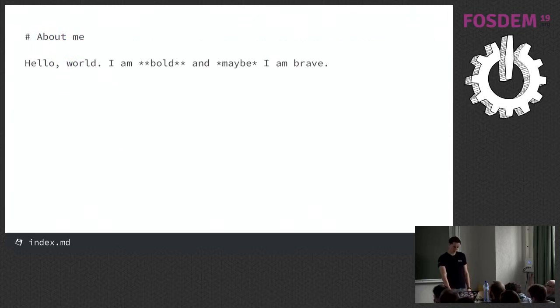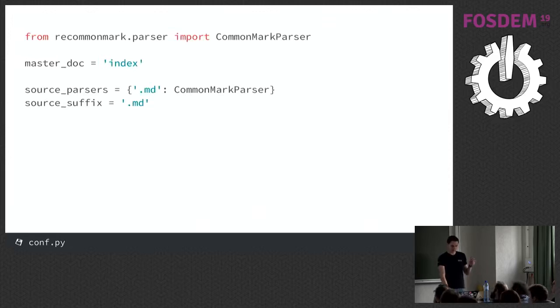So from the Sphinx side of things, again, for restructured text, you had the rst to HTML tool. For the Sphinx version, you just use sphinx-build with a builder. You basically do the exact same thing for the Markdown. The only thing that changes is you need to tell Sphinx how to parse these particular Markdown files.